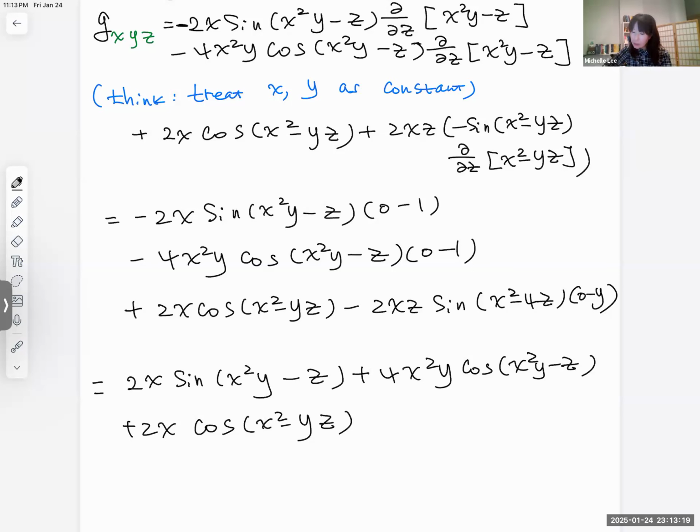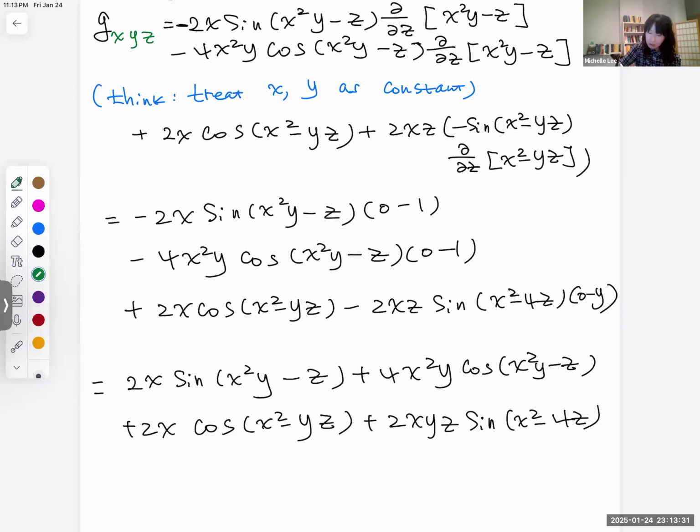Last term, minus a positive 2xyz sine(x²y − z). Okay. So once again, this is the derivative with respect to x, then y, then z.